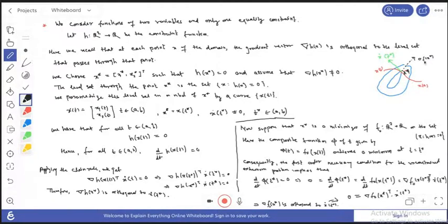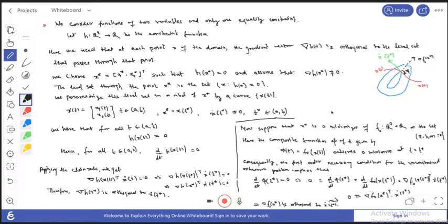So this is also orthogonal to this x dot t star, and this is the tangent to the curve. Either in this direction or in the other direction, this is also perpendicular to the x dot t star tangent vector, and this is also perpendicular to this thing.